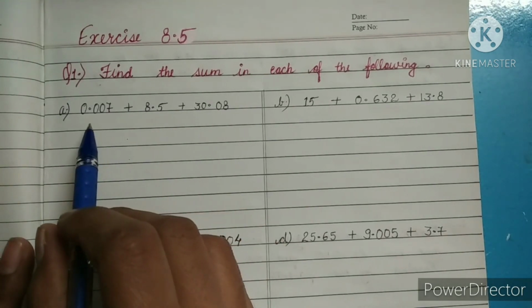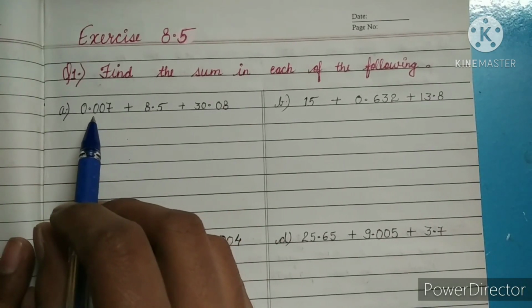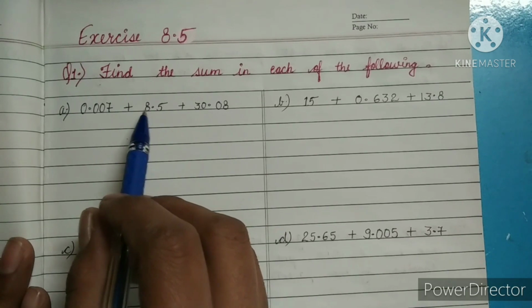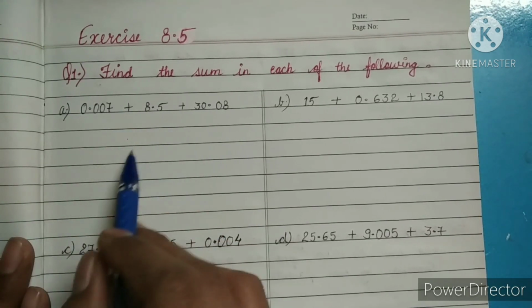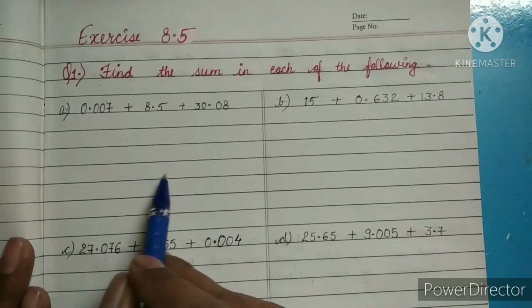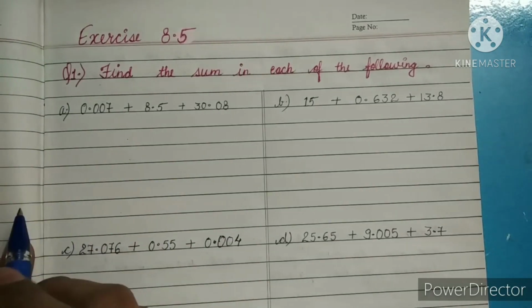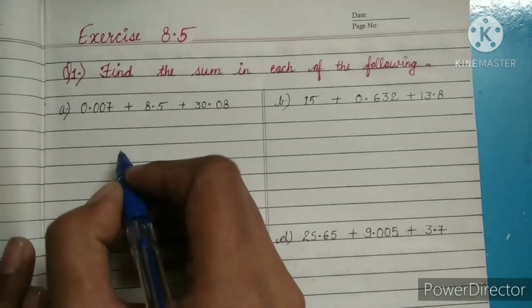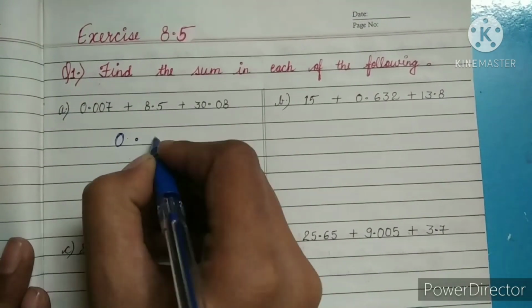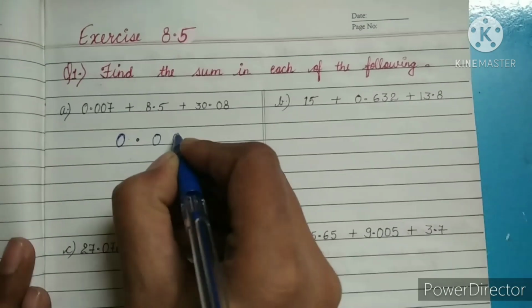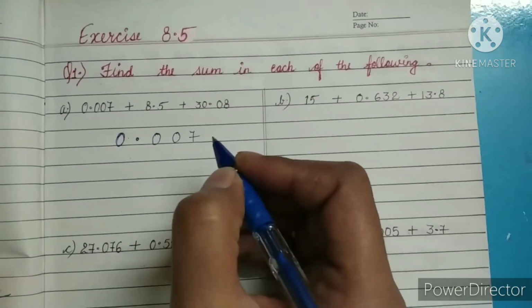For addition, we have to arrange them into the vertical order. It means first value, then second value, then third value. So let's begin. First value is 0.007.